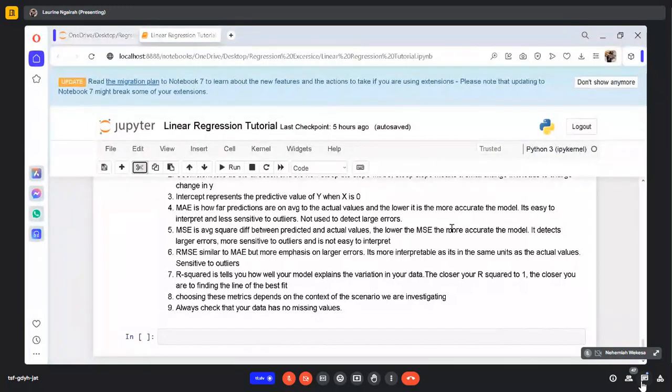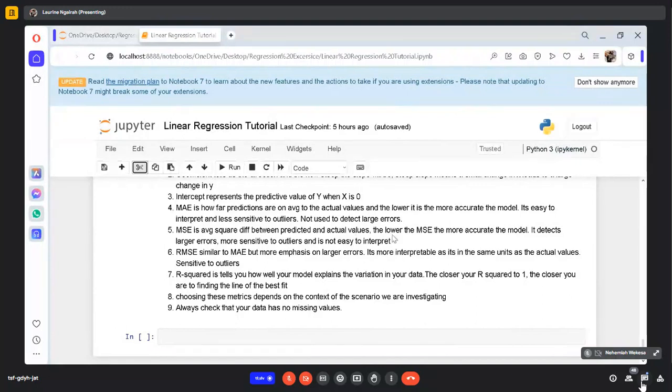For the MAE, you'll find that it is easy to interpret and it is less sensitive to outliers, but it is not ideally used for detecting large errors. So the MSE is the average squared difference between predicted and actual values.